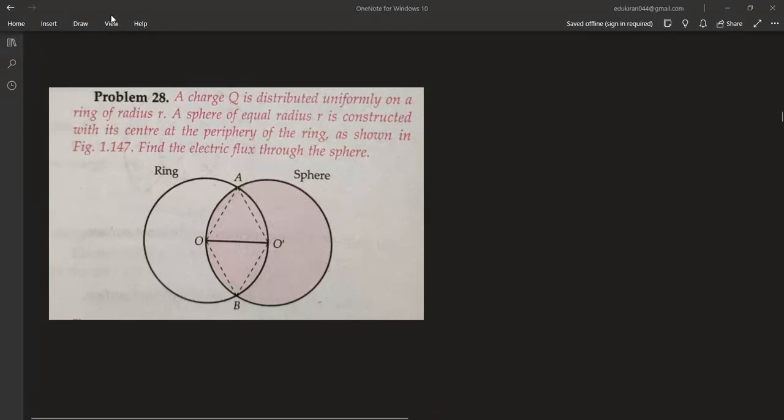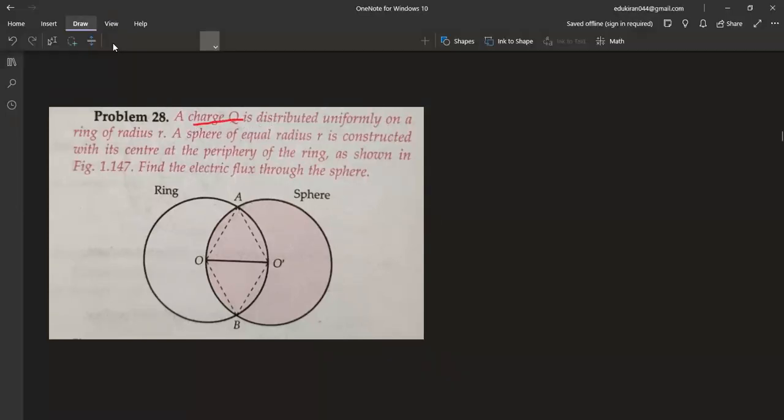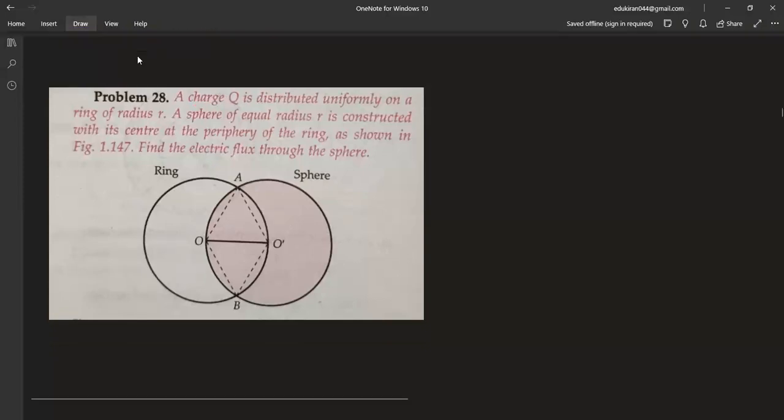See, this says that a charge Q is distributed uniformly over a ring of radius R. A sphere of equal radius R means both the spheres are identical.